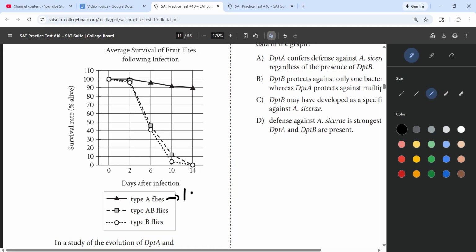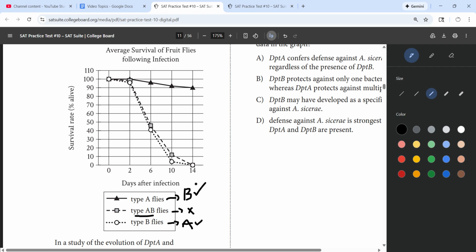Well, type A has gene B. Type AB has nothing. And type B has gene A, right? Go back a few minutes in the video if that is still something that's confusing, and rewatch how I broke down what goes with what.